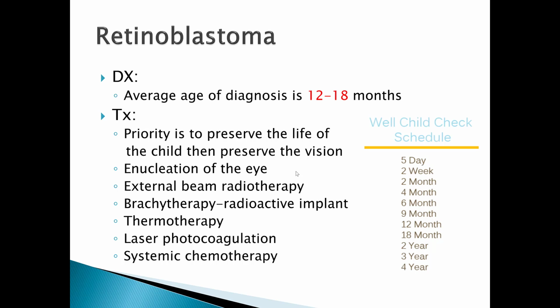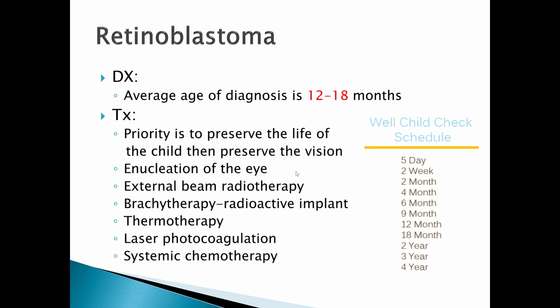So the average age of diagnosis is between 12 and 18 months. Off to the right there, I put the well child check schedule. When kids go in for a well check, they get seen at day 5, week 2, 2 months, 4 months, 6 months, 9 months, and then 12 months.